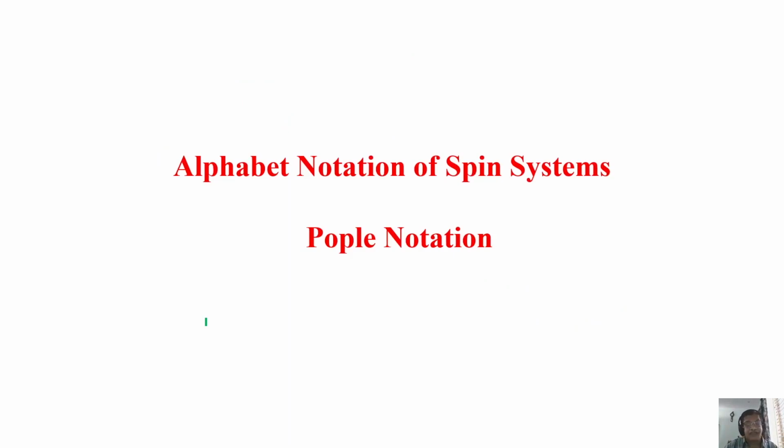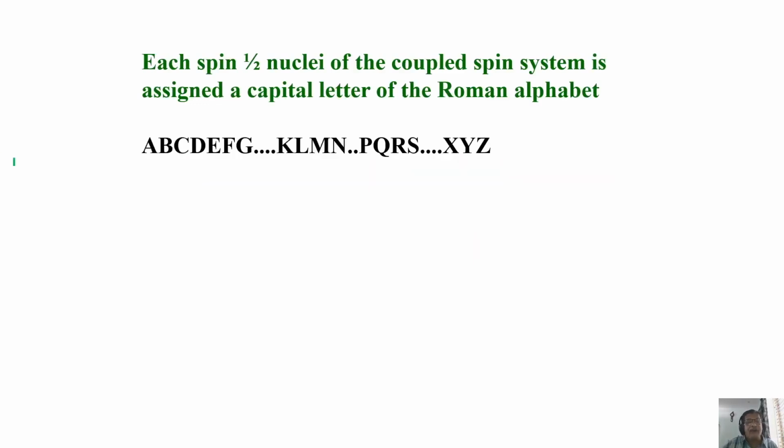But in NMR jargon, there is a notation to define strong and weak coupling. This is called Pople notation. Remember this word. What we do in the Pople notation is a very simple logic. Please understand this very carefully.